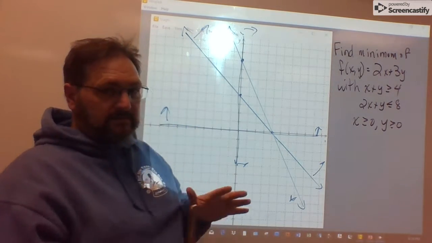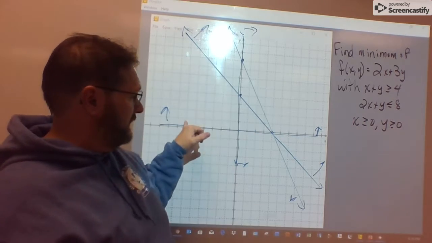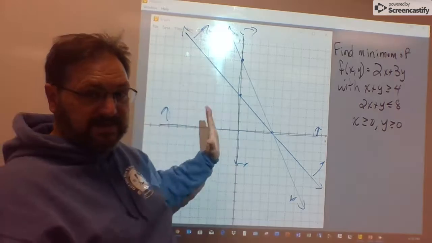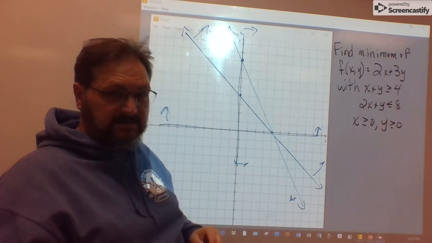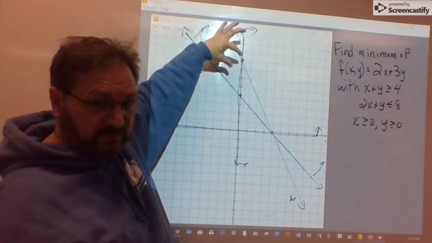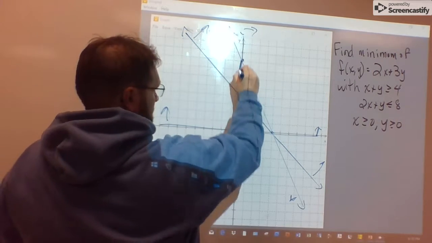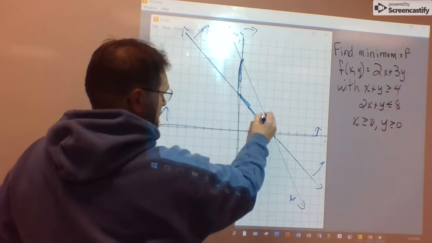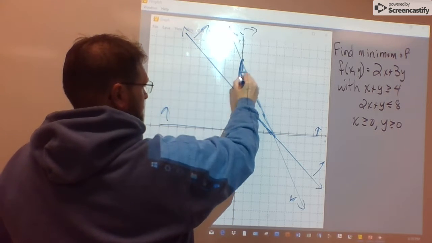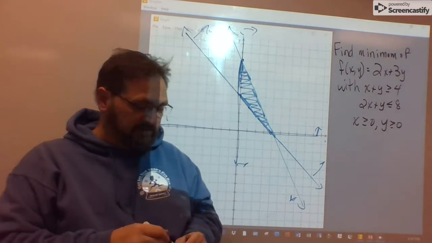So here we go. Basically, I have to be in the first quadrant, because we have to be above the x-axis and to the right of the y-axis. And we have to be in between the 2 lines in this region here, which makes that triangle our shaded region.